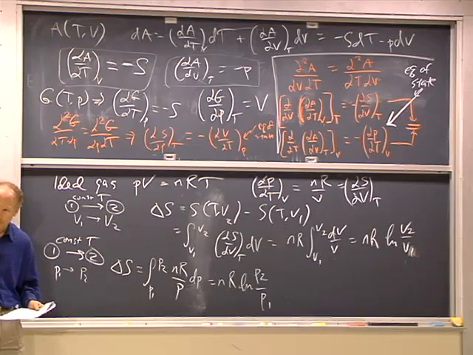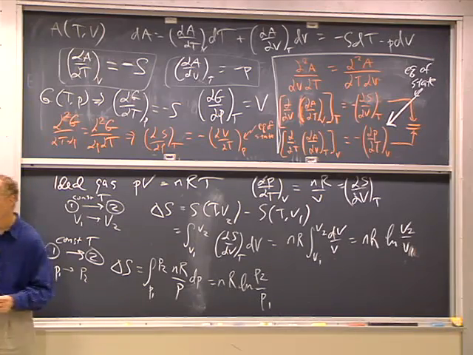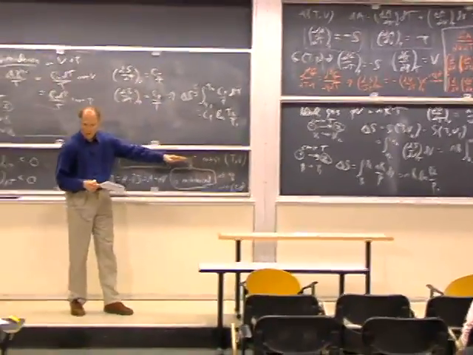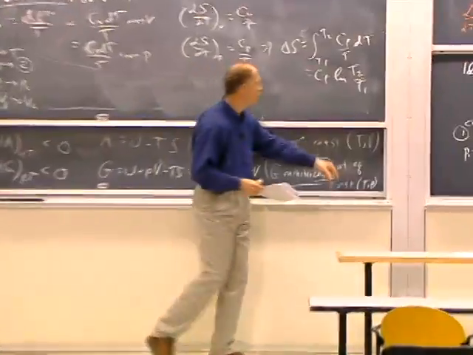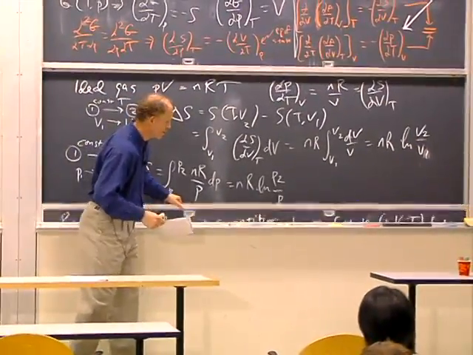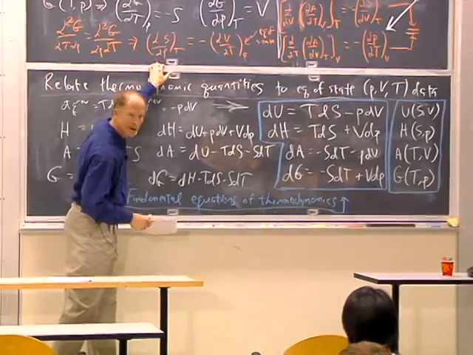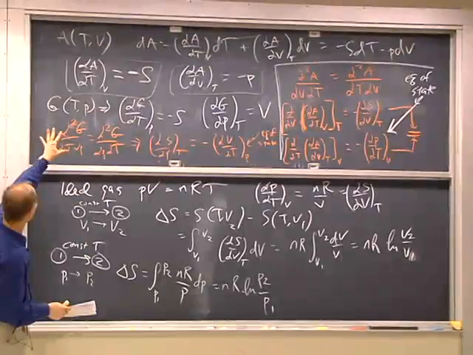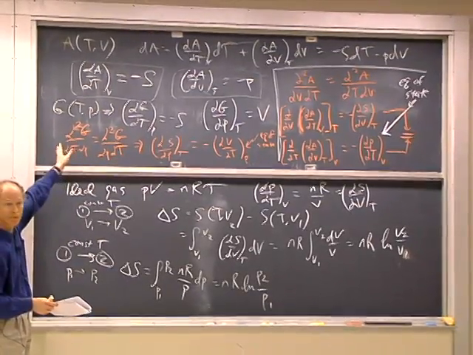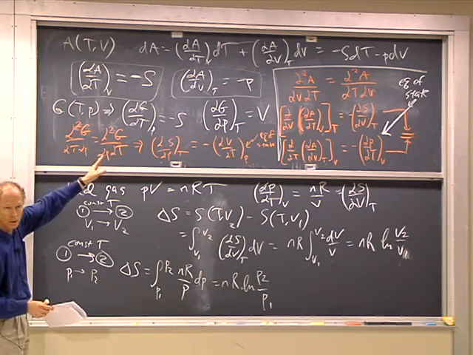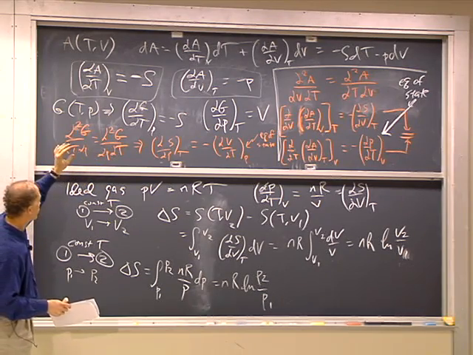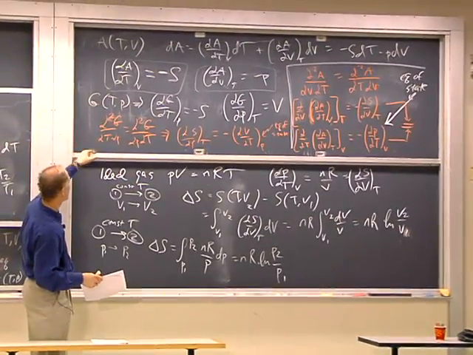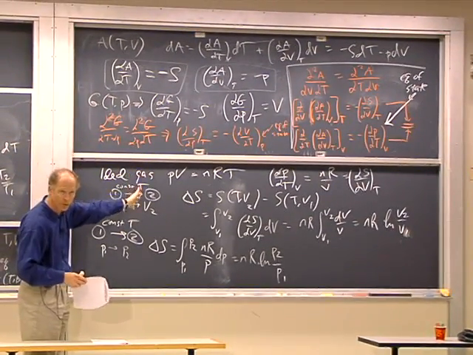Any questions about this part? So what we've done is take one step further. We've used the fundamental equations that are hiding down here out of sight but never out of mind. And what we've done is look at the derivatives of the new free energies that we've just recently introduced, A and G. And then the only thing we've done beyond that is say, okay, now let's take the mixed second derivatives. They have to be equal to each other.